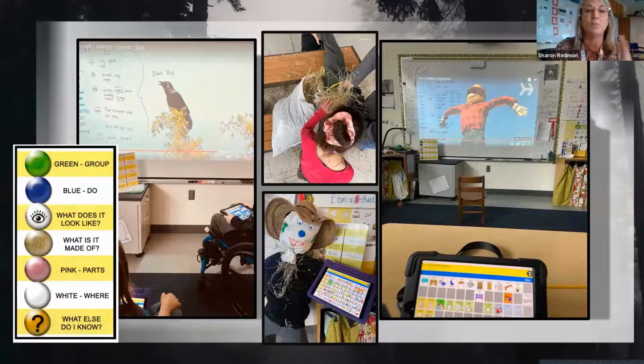And sometimes I even switch back and forth and have their AAC device. Here we're using LAMP Words for Life. So I would have that on and project that onto the screen and even show the icon sequence. It was something that was unfamiliar to them.